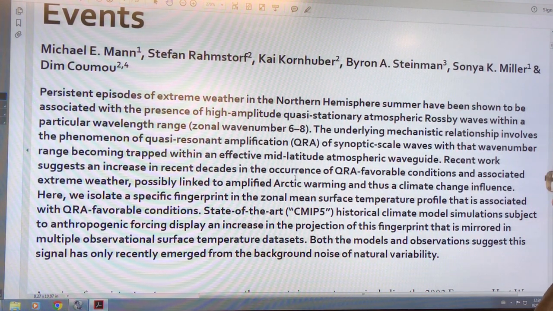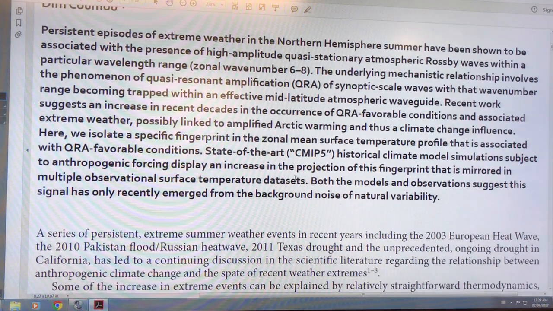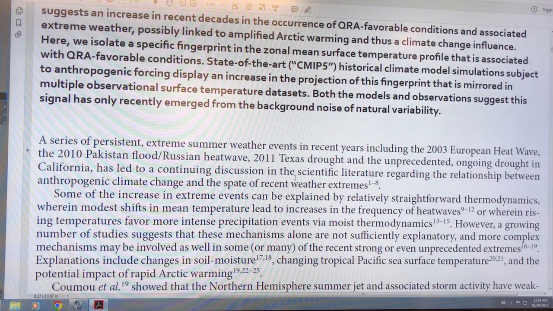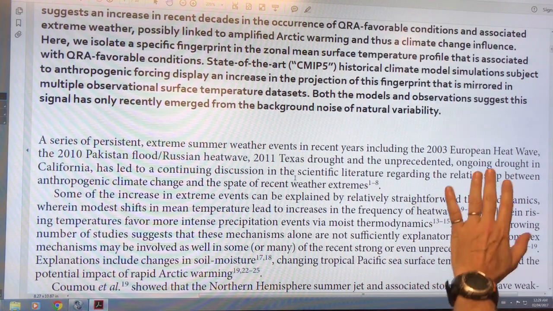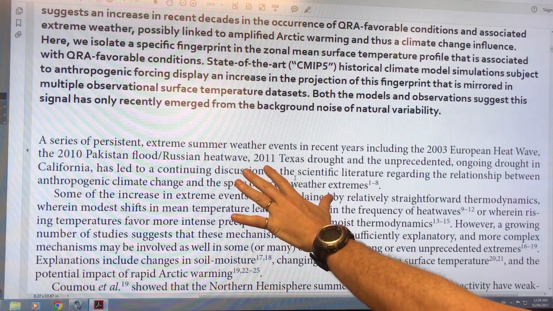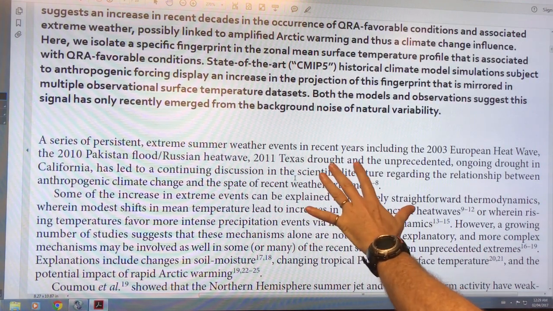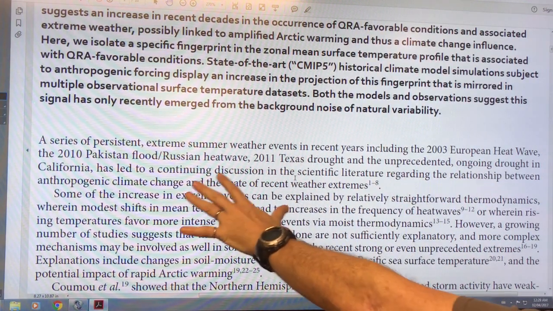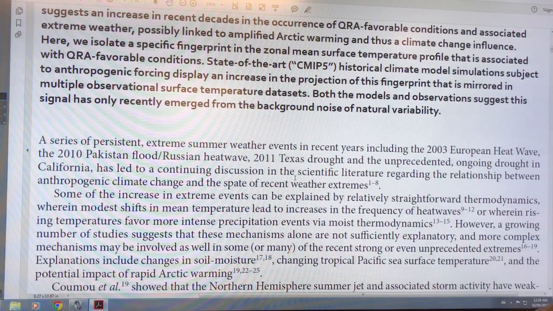There are also temperature gradients between the land and ocean, and as the ocean temperature is warm and the land temperatures change, that can also affect the behavior of the jet streams. So this paper does talk about the 2003 European heat wave, the Pakistan flood, the Russian heat wave in 2010, and the drought in Texas and in California.